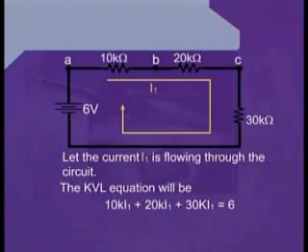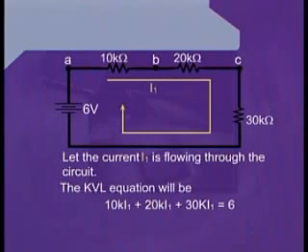At point B we can see that there is a 20 kilo ohm resistance as well, and also we consider that the terminal of the resistance having the value 20 kilo ohm which is next to the point B is positive.